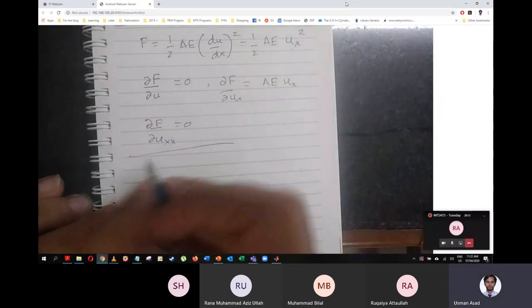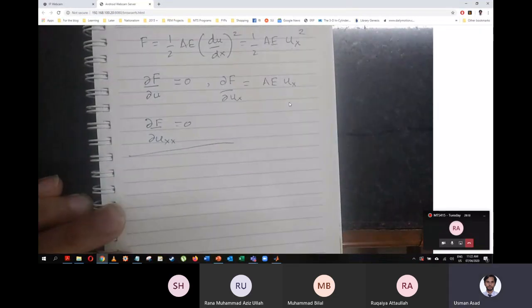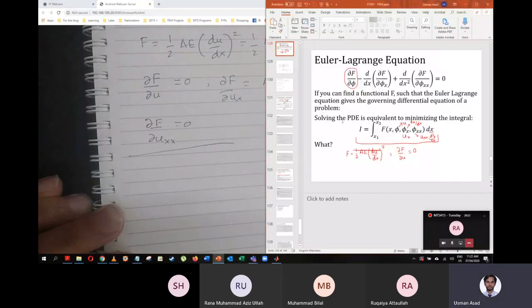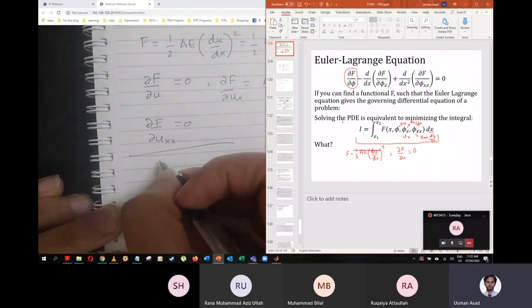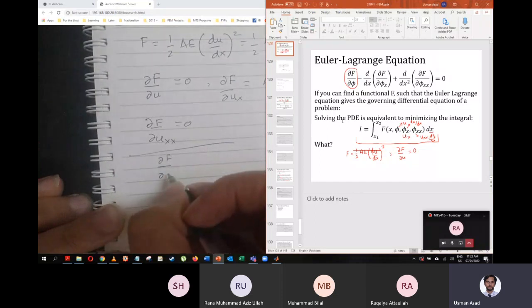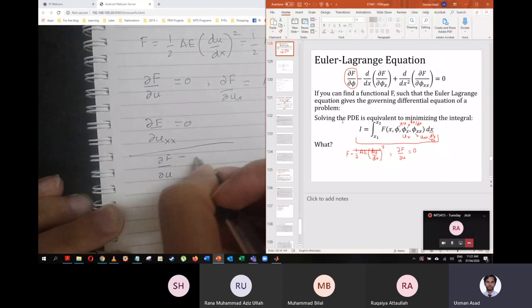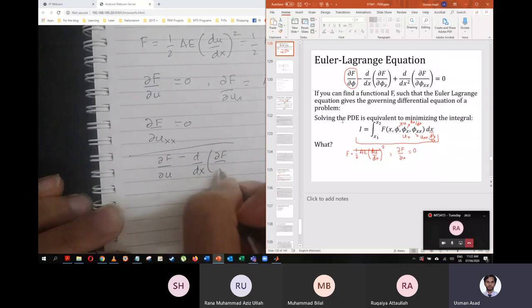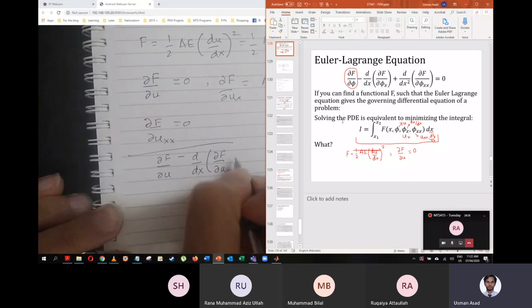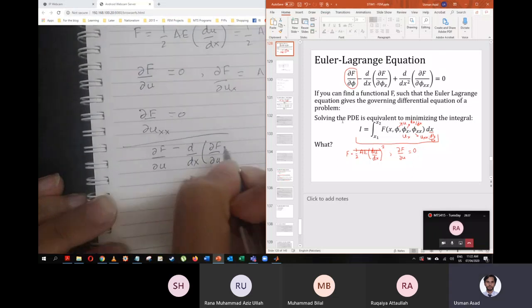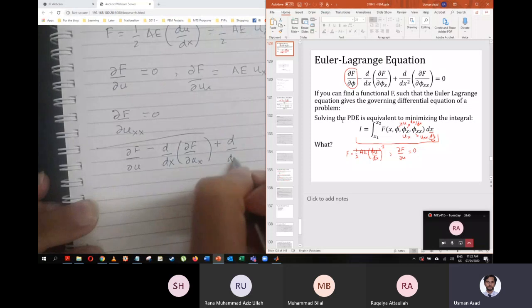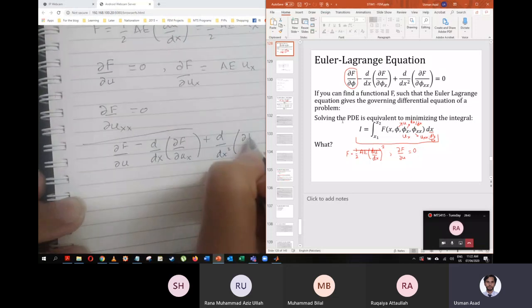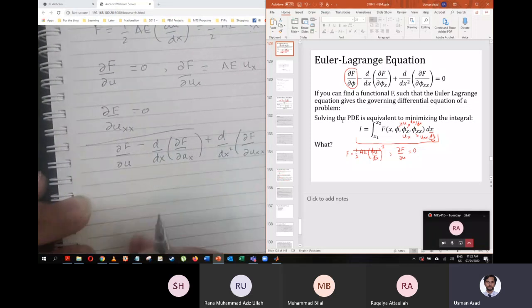ठीक है? And the Euler Lagrange equation, if you go back to the Euler Lagrange equation, it read partial f by partial u minus d by dx of partial f by partial ux plus d by dx square, the double derivative of partial f by partial uxx is equal to 0. ठीक है?